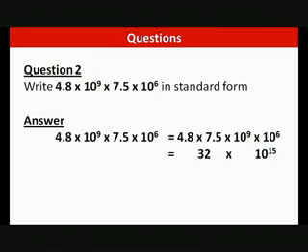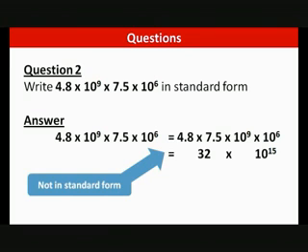So we've got 32 times 10 to the power of 15, but that's not in standard form because 32 isn't a number between 1 and 10. So I'm going to rewrite that as 3.2 times 10 to the power of 16. So I've made the first number 10 times smaller from 32 to 3.2.